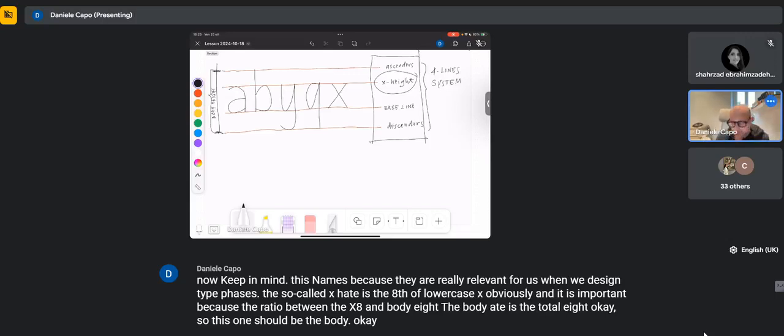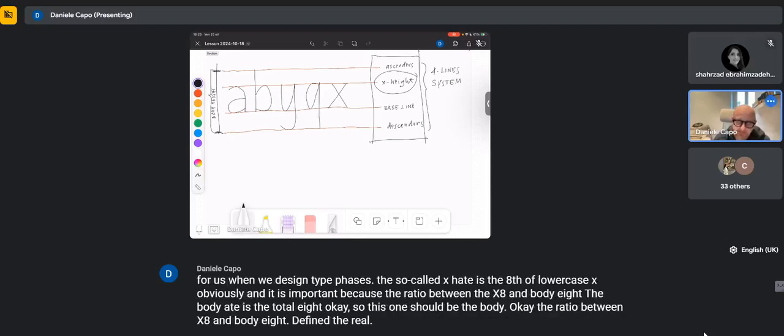The ratio between x-height and body size defines the real height and the real size of the font.